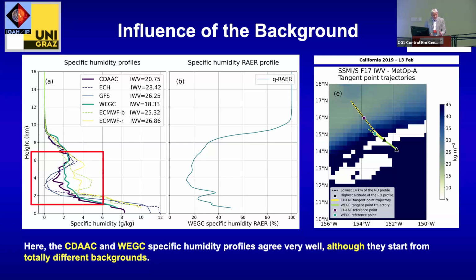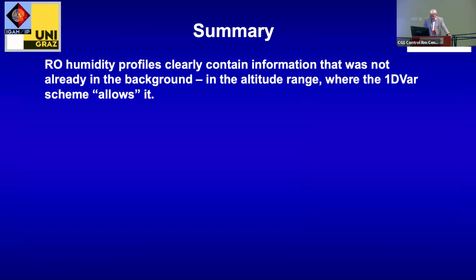So even if we have very different backgrounds, in the area where we allow the information of the measurements to have a certain effect, they come to quite a common agreement. And this would be my summary.